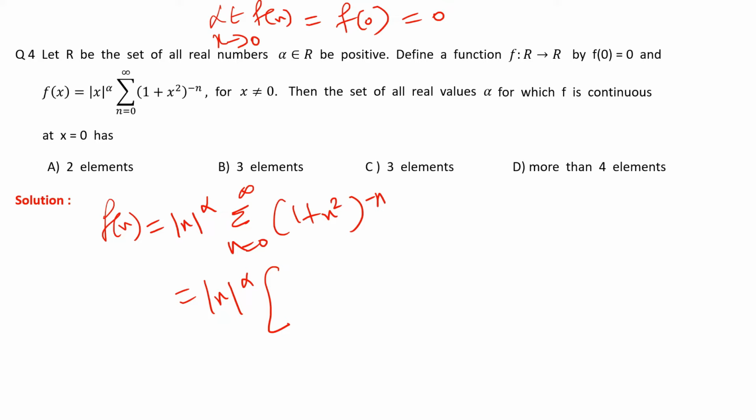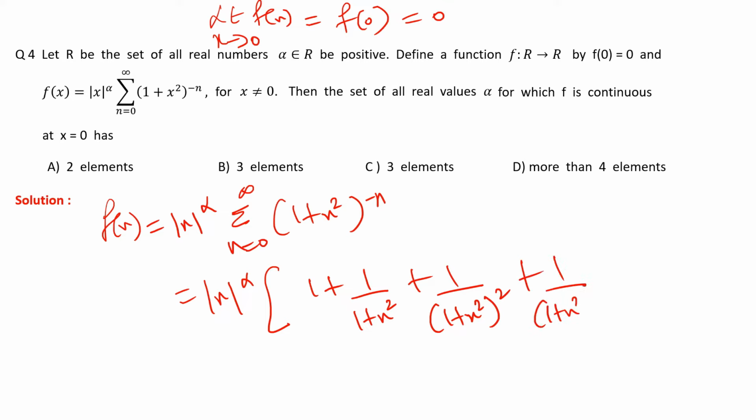So when we put n as 0, this is 1 plus x square to the power 0, which is 1, plus 1 upon 1 plus x square, plus 1 upon 1 plus x square whole square, plus 1 upon 1 plus x square whole cube, and so on till infinity. Now clearly, this series inside the bracket is forming an infinite geometric progression with the first term as 1 and the common ratio as 1 upon 1 plus x square.